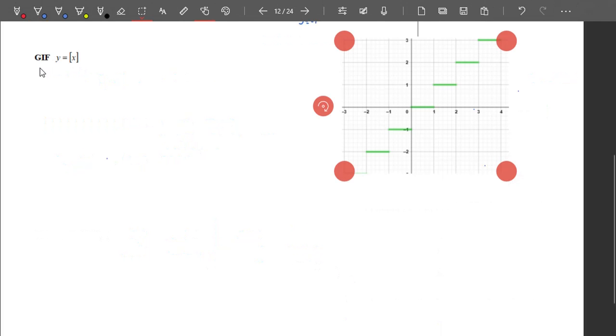Okay, this is one of my favorite functions, GIF, greatest integer function. This is its symbol. How is this function defined? This is equal to 0 when x lies between 0 to 1.